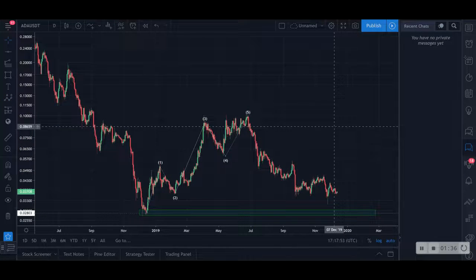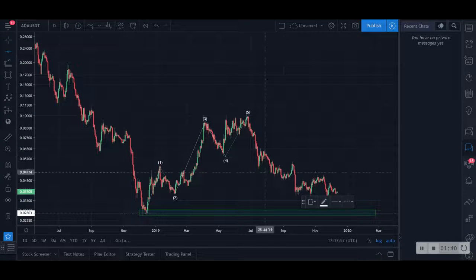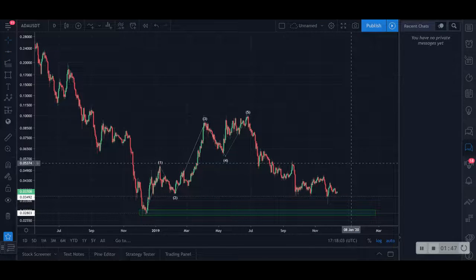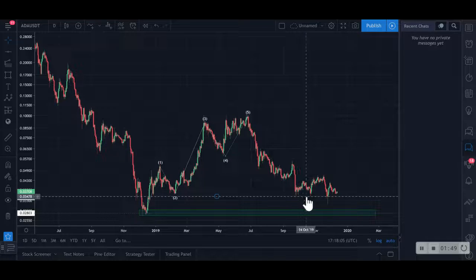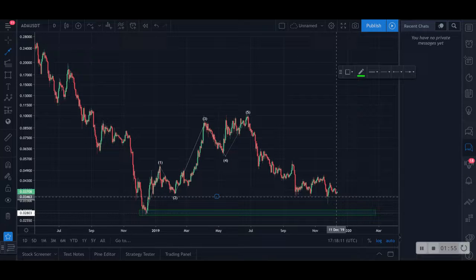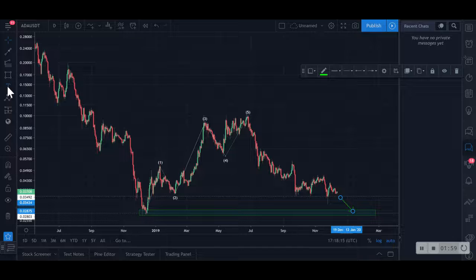Before that happens, we need to figure out if we are really going to reach this zone. And I see that as being very possible. And one thing we're going to have to look out for is a break under here. So we have that support right there. You could see price wicks to that zone multiple times. And I believe we are going to reach that zone again and most likely go underneath. So a break under this zone would take us to this area to complete a double bottom.